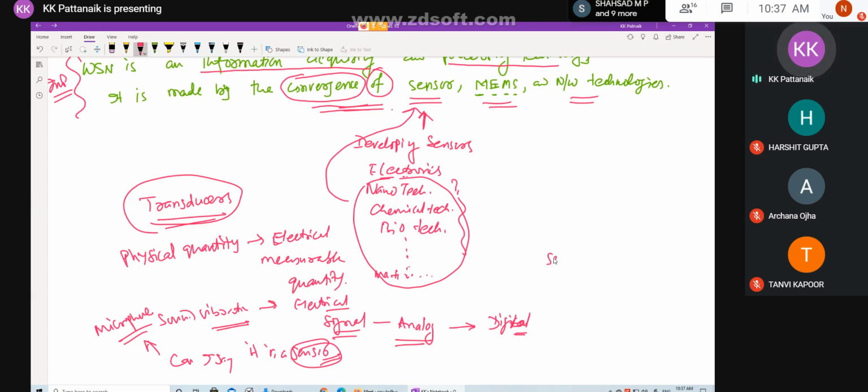So sensors can be analog and they can be digital depending upon the kind of output the sensor produces, right? So this is about sensors.